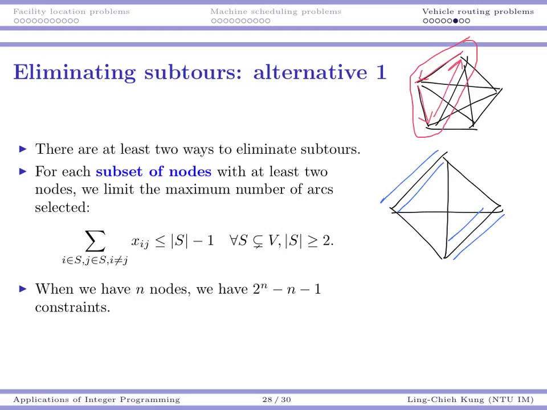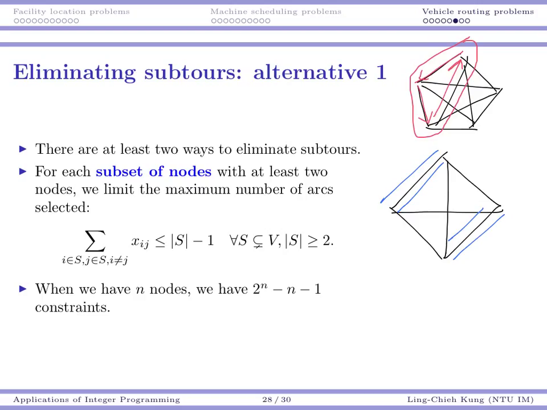So given any 3 nodes, you cannot select 3 arcs, so you cannot have a cycle with 3 arcs. If that's true for 2 nodes, 3 nodes, 4 nodes, and so on, up to n-1 nodes, then the only allowed cycle is the cycle containing n arcs to pass all n nodes, and that's exactly what you need.